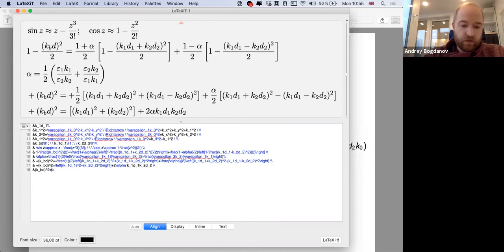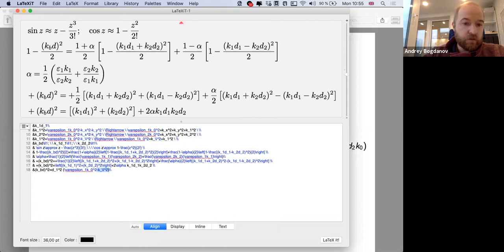It's just d1 square, and here I should write epsilon 1, k naught square minus k parallel square.